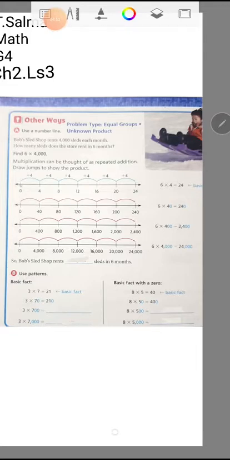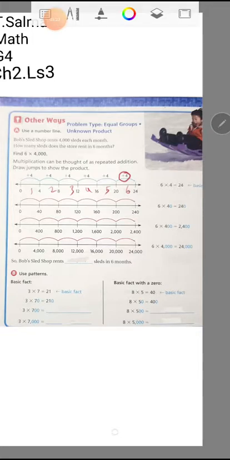According to the number line, I will jump 4, 6 times, and each distance between the numbers here is 4. So I will jump 6 times. That means I will repeat the 4 six times, and you know the answer is 24. Each jump right here will be 4, and I have to repeat it 6 times. Okay, 1 2 3 4 5 6.